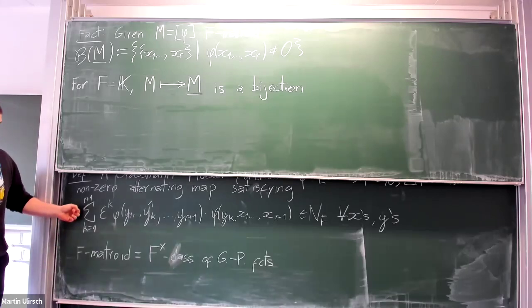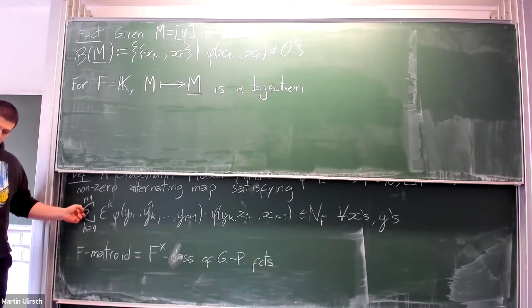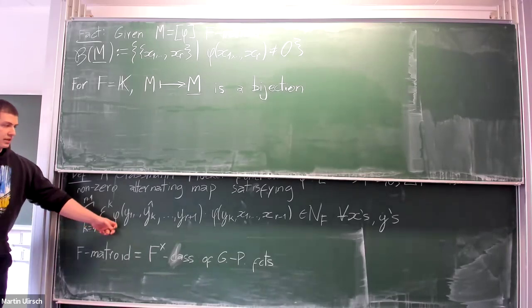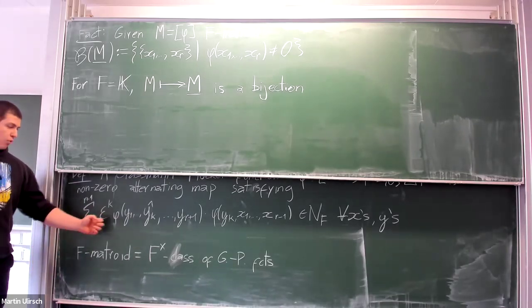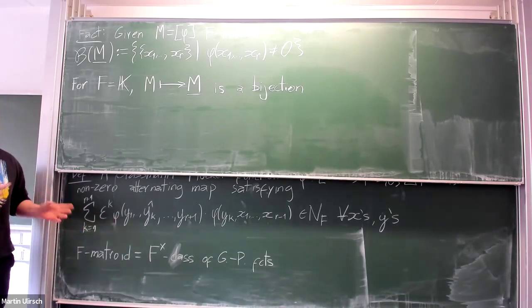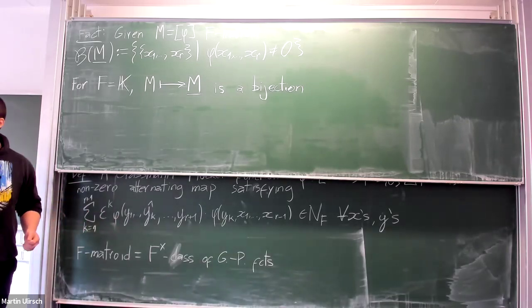For such a sum to be 0, or to be in the null set of the Krasner hyperfield, either everyone here is 0, or if I have one summand that's not 0, I have another one that's not 0.